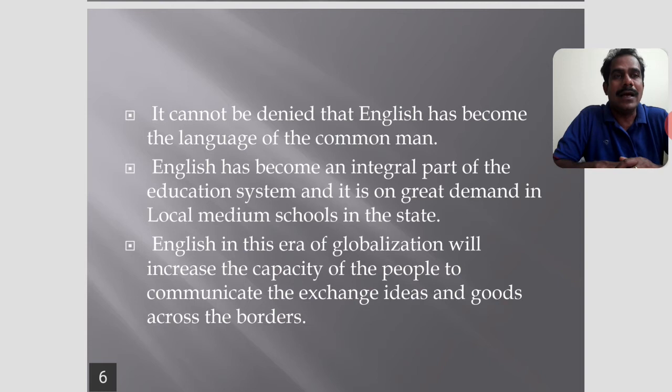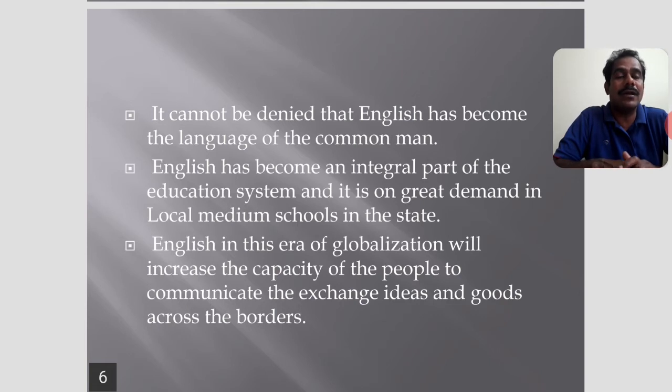Here, recently, everyone might have seen an illiterate man selling as a street vendor, and the person can speak very fluent English. I have seen it, and every student might have seen it.